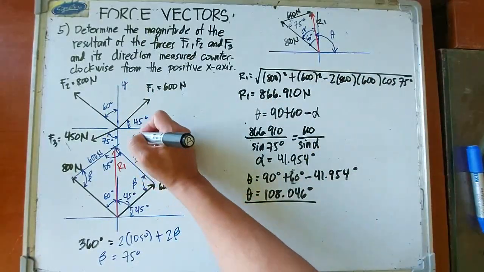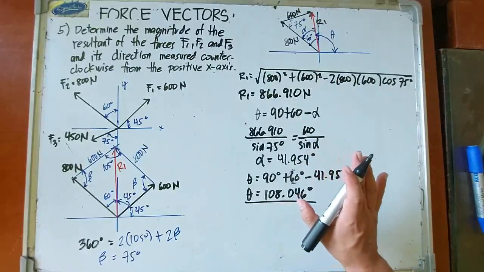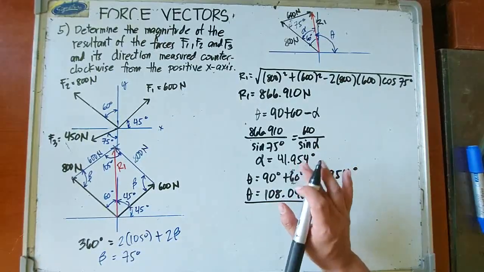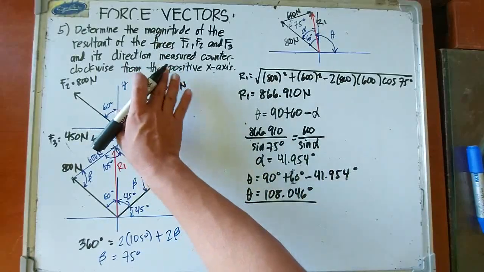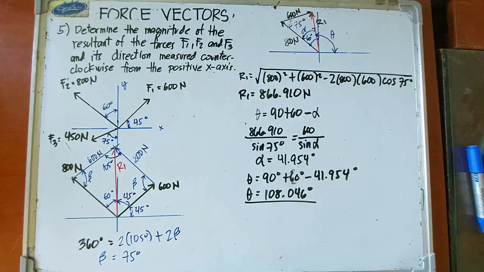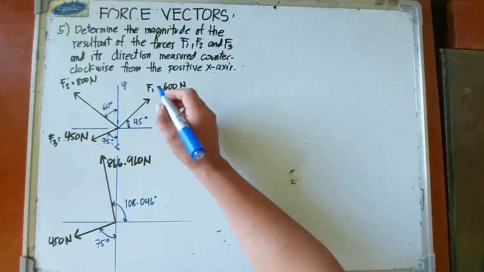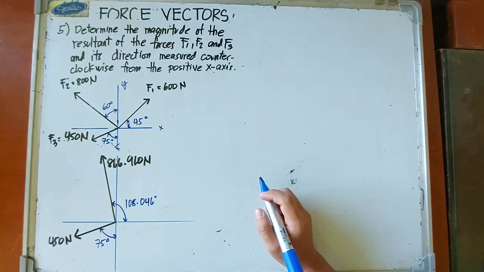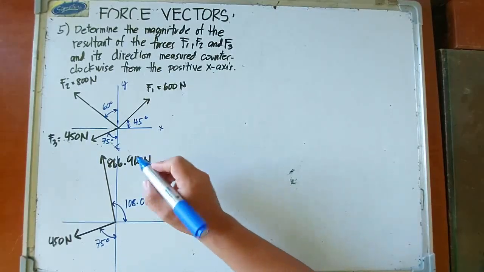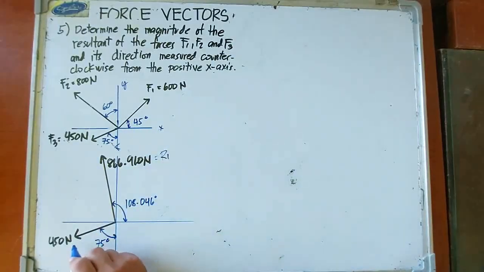So let's try to redraw. I-erase ko na to. So i-redraw na lang natin yung figure. So alisin na natin yung F1 and F2, palitan natin ng R1, and then solve for the resultant. Okay? So after solving for the resultant of F1 and F2, we can now solve for the resultant of R1 and F3.